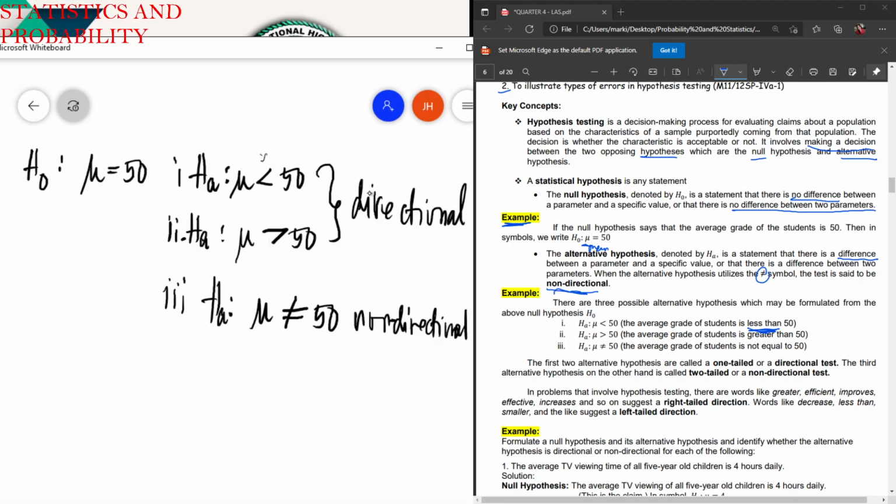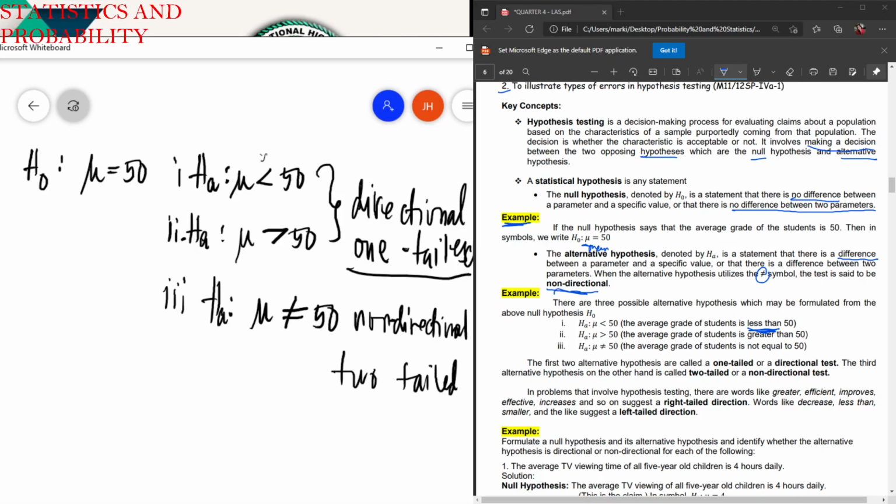Another thing: the directional ones are what we call one-tailed. And then the not equal, or the non-directional, is what we call two-tailed.